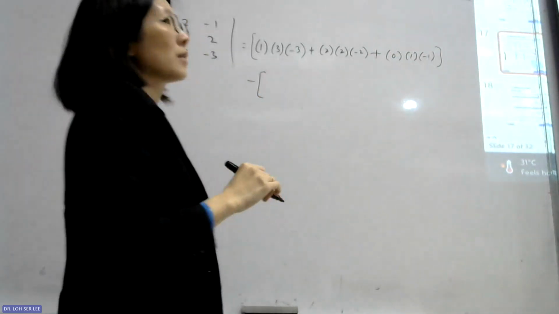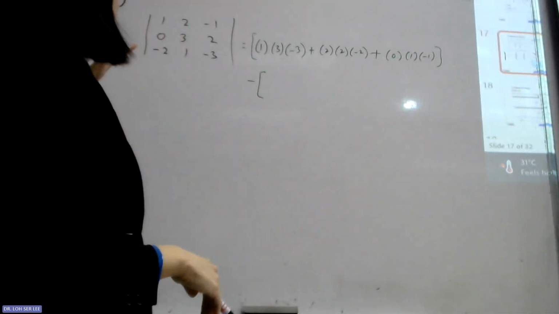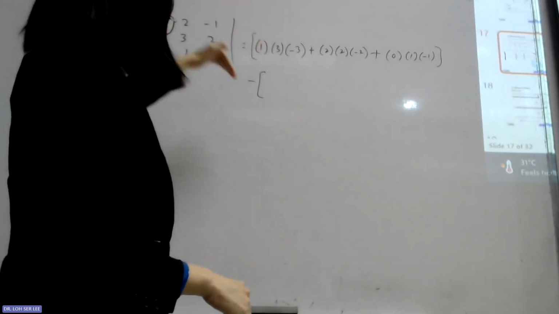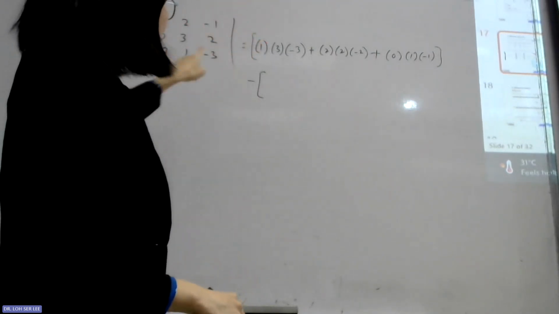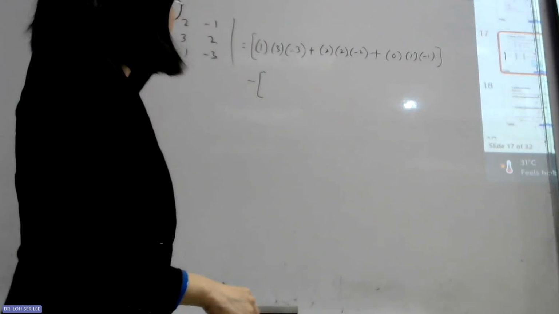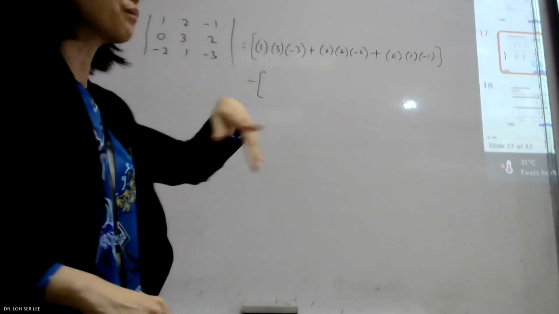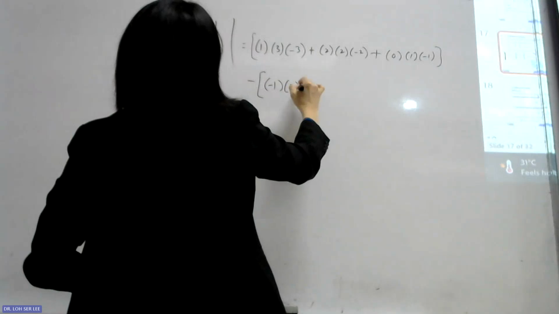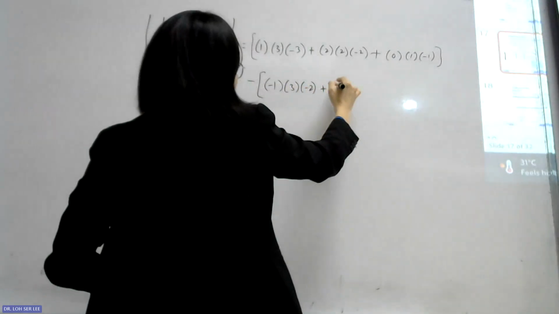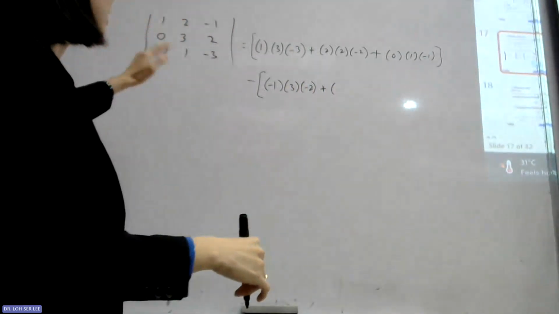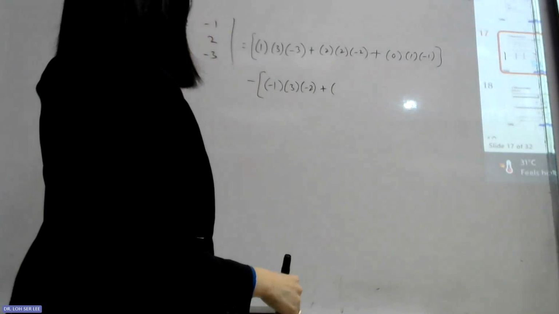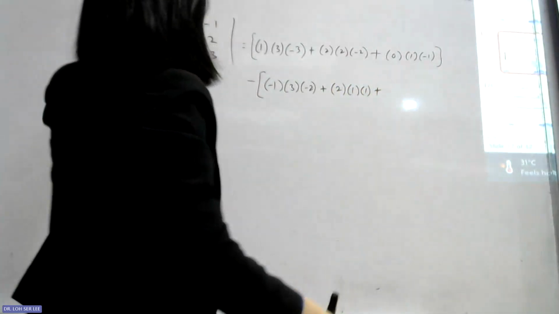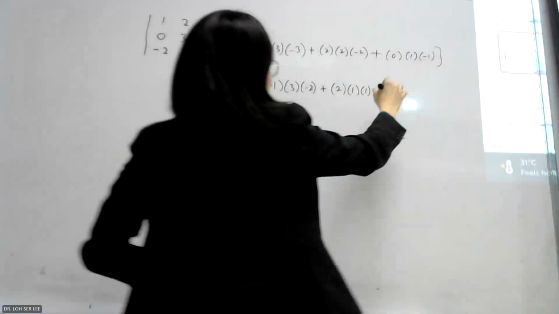Then minus another direction. You have to remember this direction first, just like AD minus BC, which also starts from this direction. So this direction we have -1, 3, -2, and 1. We sum up the 3 groups: this 2, 1 with 1, and 0, 2 with -3.